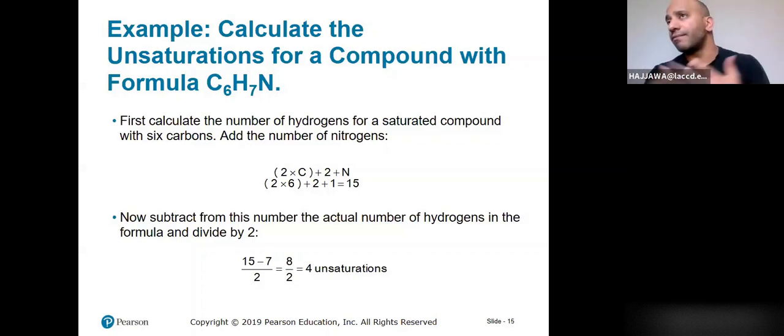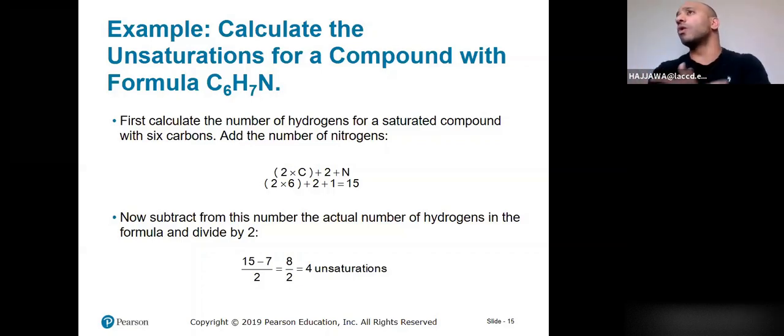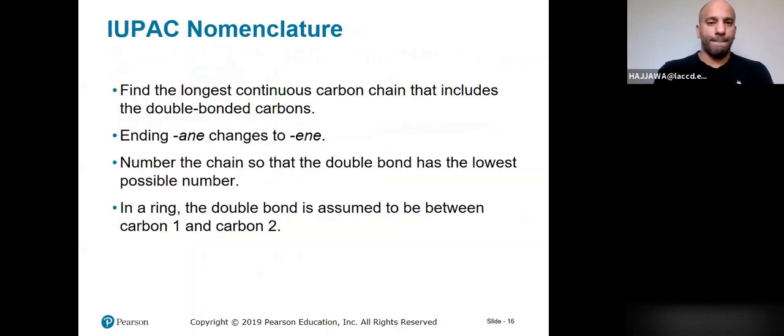Or I could have other choices: 4 double bonds, 4 rings, 2 double bonds and 2 rings, or 2 alkyne units. You could have several choices. But it makes answering a question that gives a chemical formula and asks for all the possible structures an easier approach than knowing nothing about the unsaturation units.